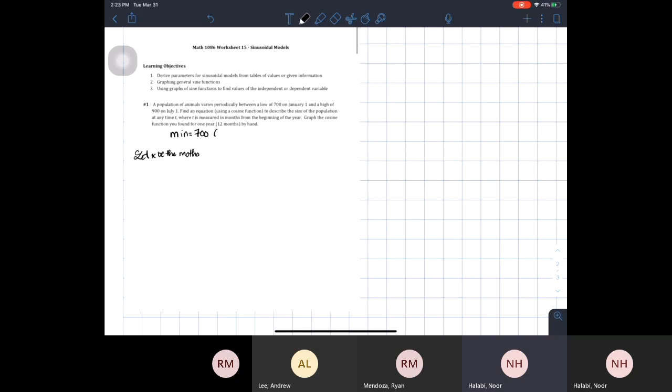So basically this is at x equals 1 because it's January. And then our maximum is 900 at x equals 7 because that's what July is, right?